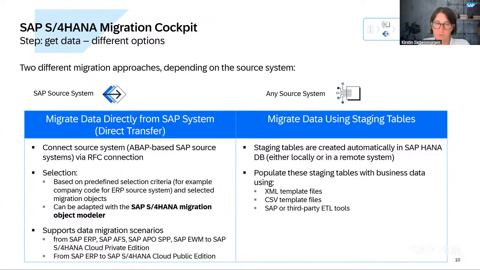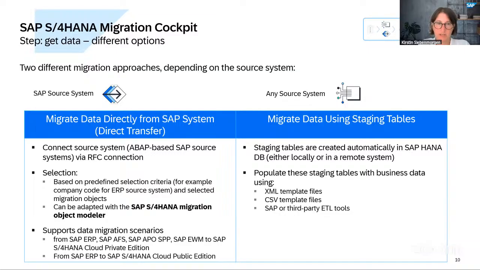And that means we connect the source system, the ABAP-based SAP source system, via an RFC connection. And we select the data based on a predefined selection criterion. And for the scenario that you're coming from an ERP source system, that's the company code. So based on the company code, the data is selected. You can choose more than one company code.